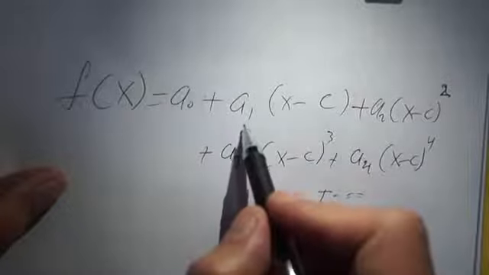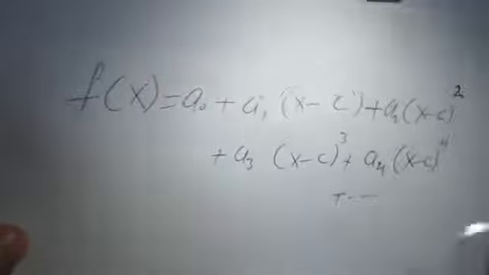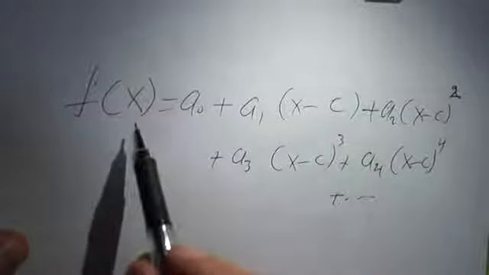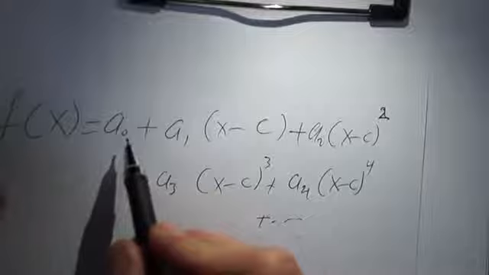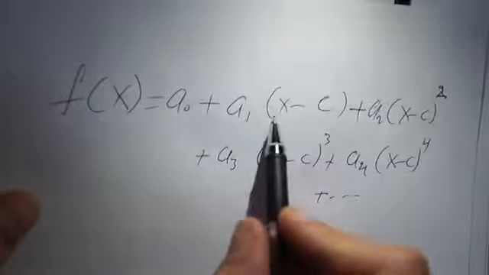الآن كيف من الممكن أن نجد الكوفيشنت a1؟ لإيجاد a1 نشتق طرفي المعادلة بالنسبة للمتغير x، فيصبح لدينا f prime x equal a0 is constant، بالتالي من نشتقه راح يكون 0، plus a1، ونشتق x minus c.